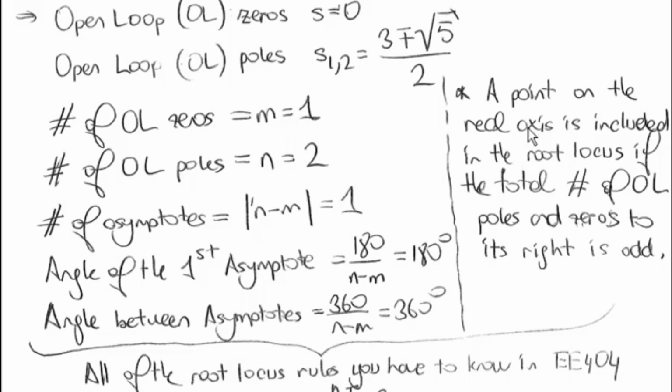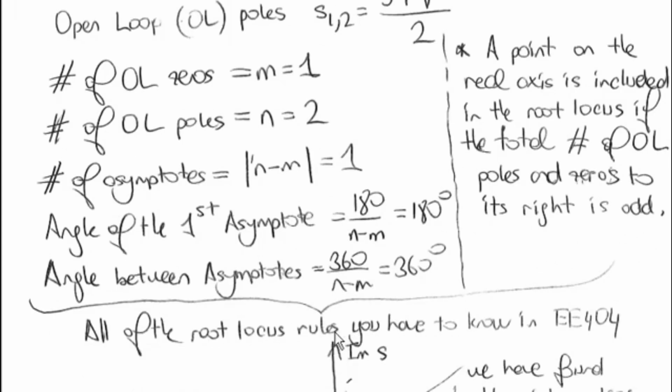So we know that a point on the real axis is in the root locus if the total number of open loop poles and zeros to its right is odd. So these are all of the root locus rules that you have to know in EE404 in order to use the describing function analysis for analyzing the stability of the oscillations that we obtained here.